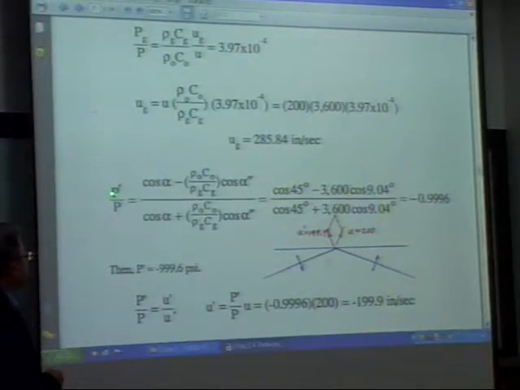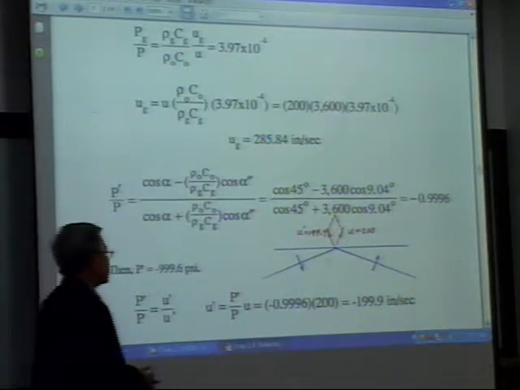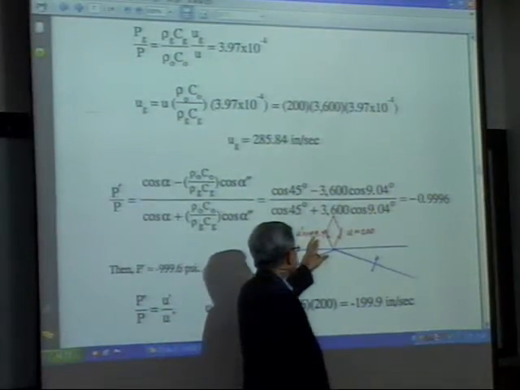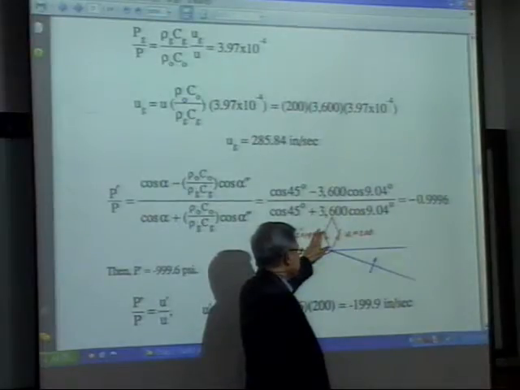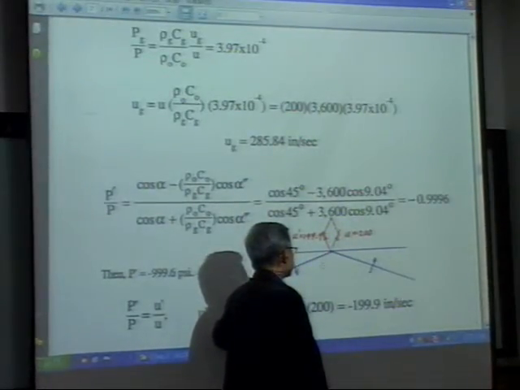P prime is the tensile wave. So if you do straight calculations for U prime, you get minus 200. So U prime is 200, in the opposite direction to the reflected wave.